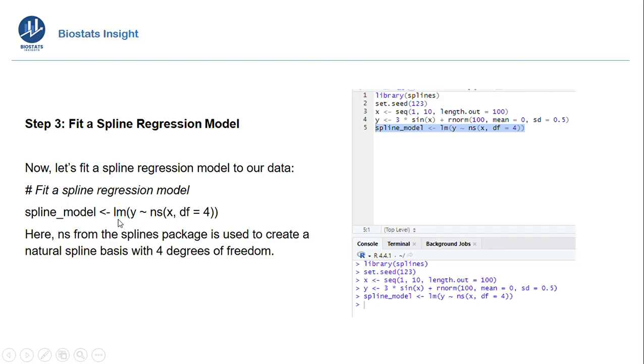With the help of lm and ns, we are creating a spline regression model, where ns is the splines package function used to create a natural spline basis with 4 degrees of freedom, where df is 4 here. You can see if there is any error in this console window.